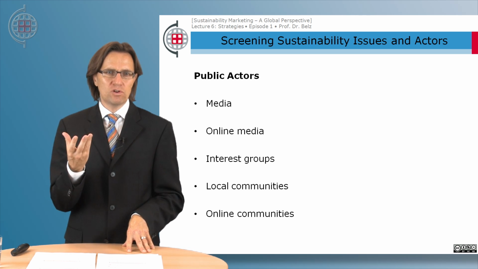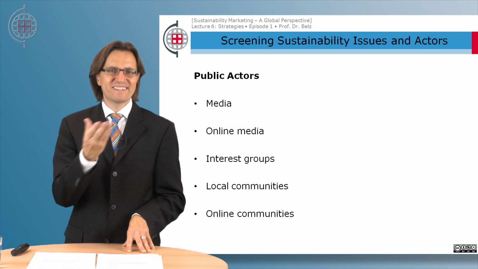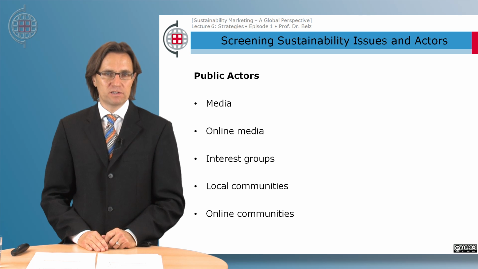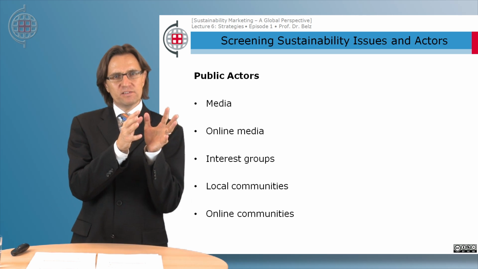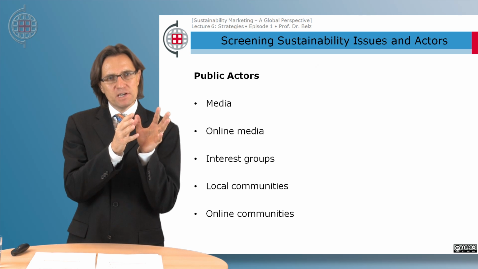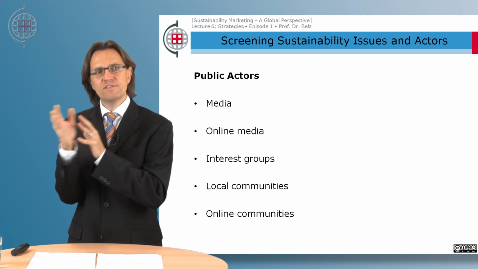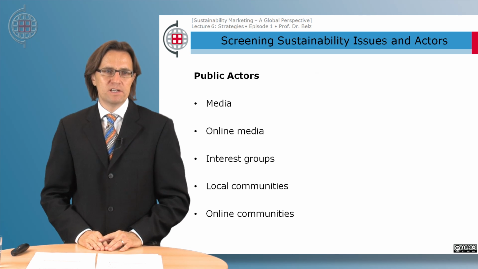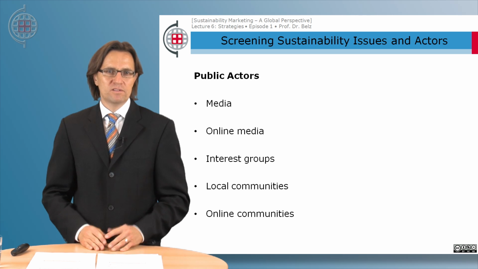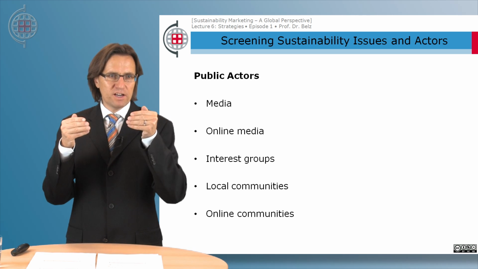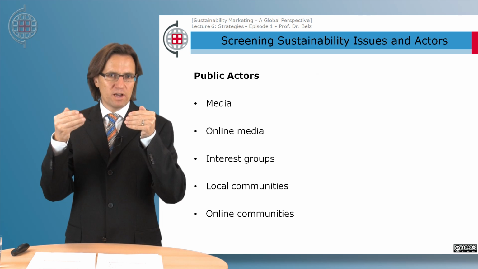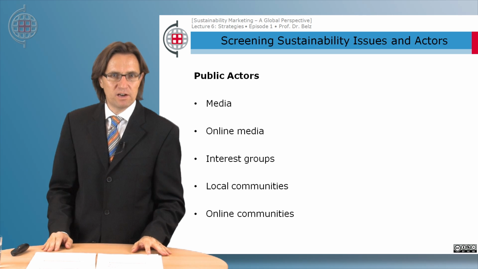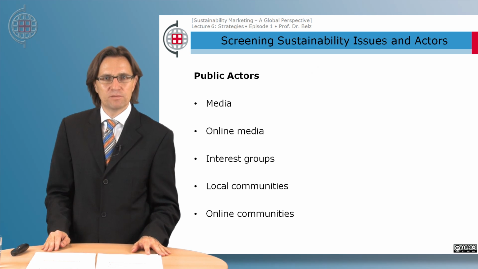Media comes up with social and environmental issues, attacking companies, or at least informing the public about it. And yet, on the other side, the media is dependent on business because companies advertise in television, radio, and print media. So it's a kind of two-sided relationship: on the one hand, media attacks companies, on the other hand, they don't want to jeopardize their advertising business.